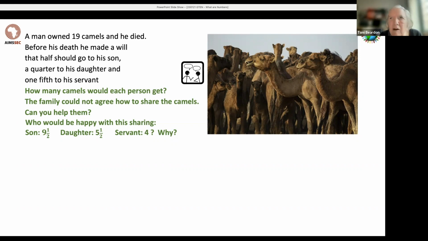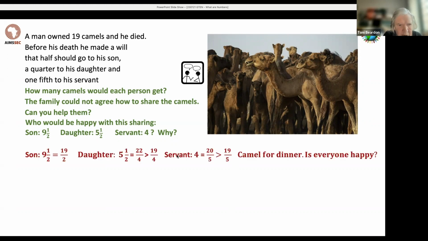And then Jacob says maybe you couldn't have 9.5 camels, so you'd have to round each answer up, and he's got 9, 5, and 4, which makes your 19. So there are different ways of doing it, but in some ways they're not terribly satisfactory. I mean, you could have camel for dinner, and I wonder if everybody's happy there.